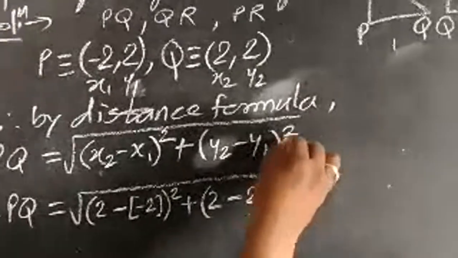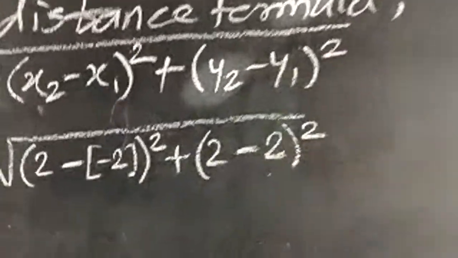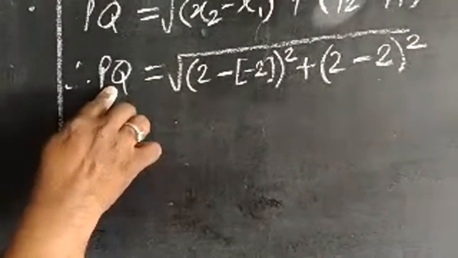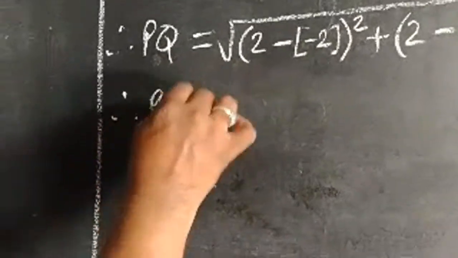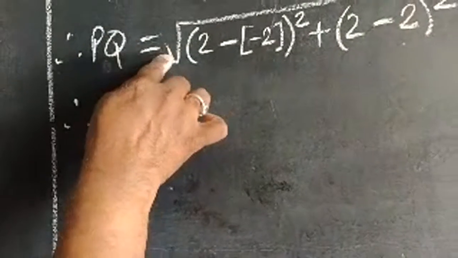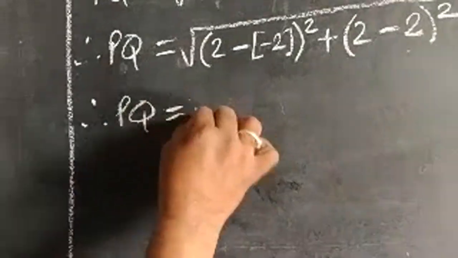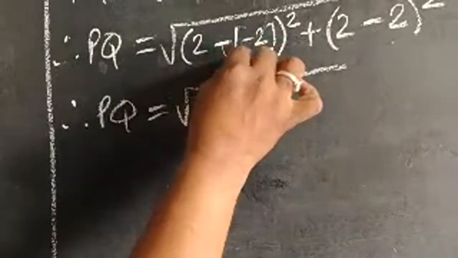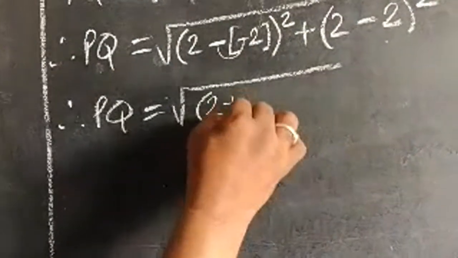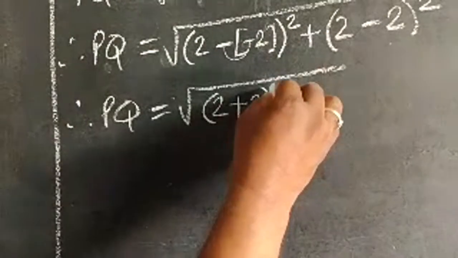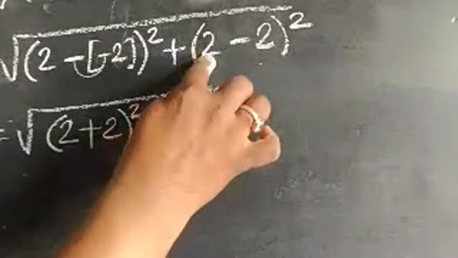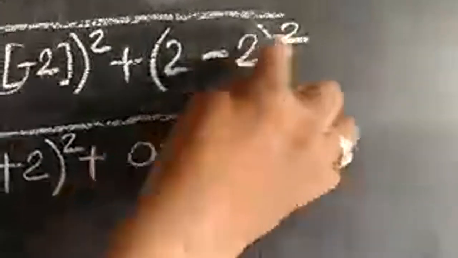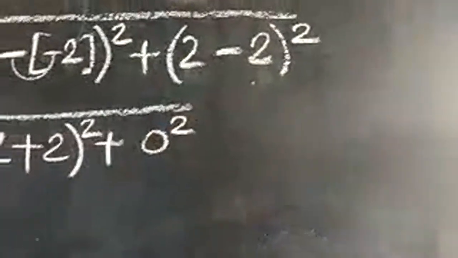We write here in bracket, square. Good. PQ is equal to square root of (2 plus 2) bracket square plus (2 minus 2, that is 0) bracket square.